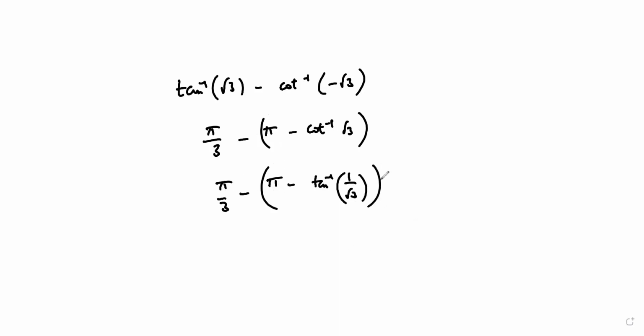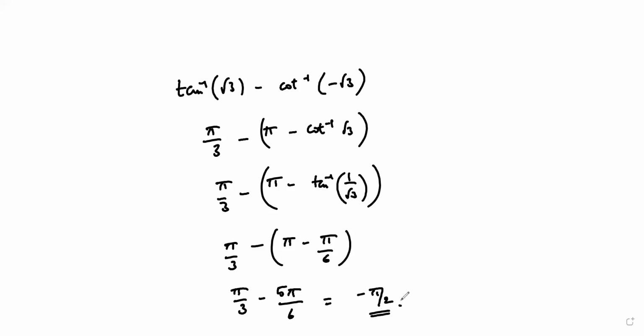Tan inverse of 1 by root 3 is pi by 6, 30 degrees. So this becomes pi by 3 minus pi by 6 minus pi by 2. That is the value. Clear?